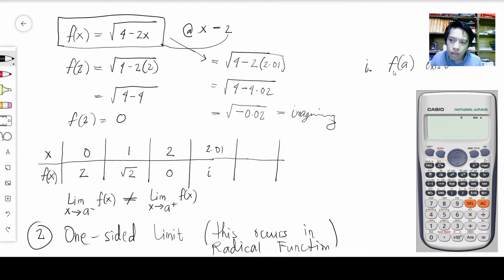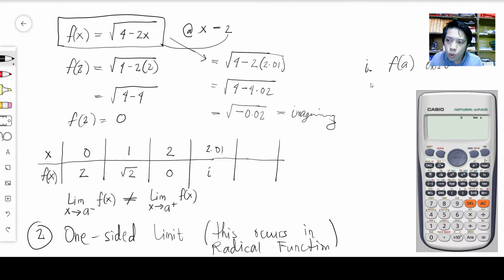Di ba? That is when f of a exists. But this is not just the only criteria, because we have proof na sometimes if f of a exists, sometimes the function is still not continuous. Sometimes may discontinuity. Another example of that is this function. And we have learned that this type of discontinuity is what we call one-sided limit.